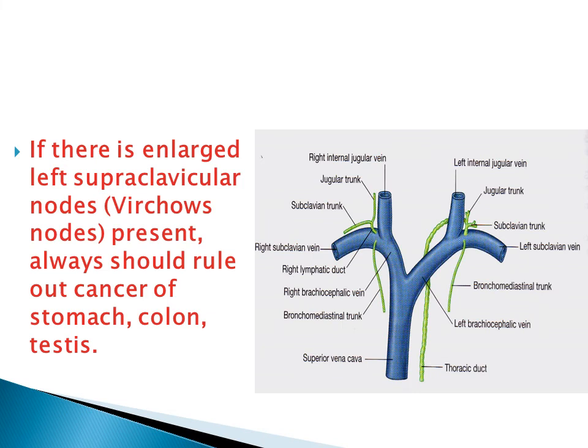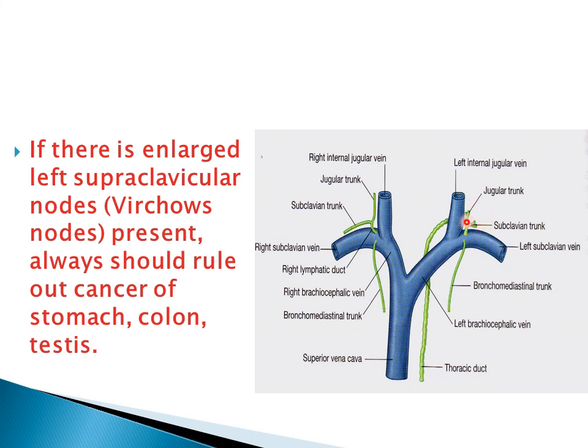If there is enlargement of Virchow's node, you should suspect carcinoma of the stomach, colon or testis. See here, the thoracic duct drains, and the thoracic duct is on the left side. So from here the lymph is drained from the abdominal organs and reaches the deep cervical lymph nodes here.